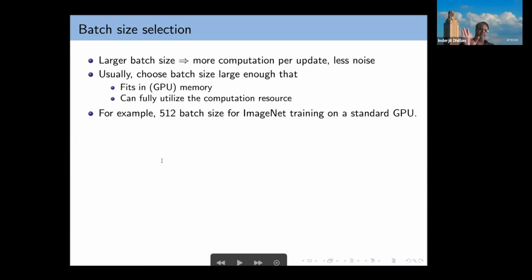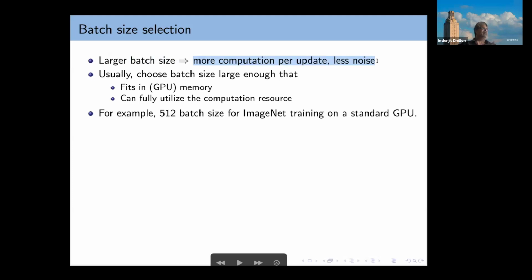Okay, so we'll think a little bit about that. A larger batch size implies there is more computation per step, per update, and it is a less noisy stochastic approximation of the gradient, right?